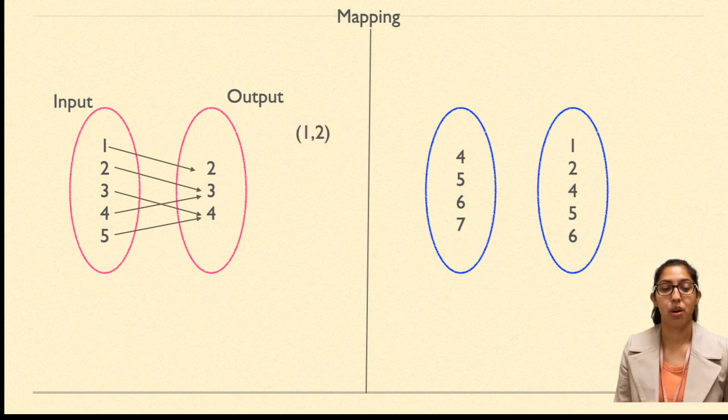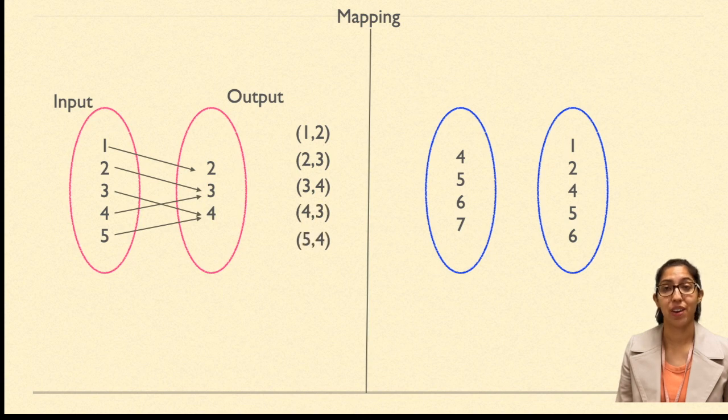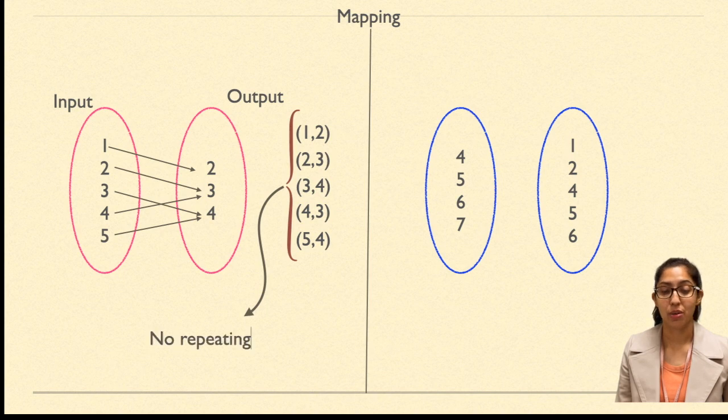Okay, so once I have my input-output pairs, I would write the coordinates. So (1, 2), (2, 3), (3, 4), (4, 3), and (5, 4). So again, this is just like the first one when we had ordered pairs. We're looking at all the x values. So because there are no repeating x values, that tells us that it is a function.